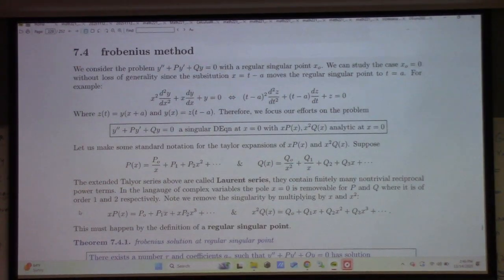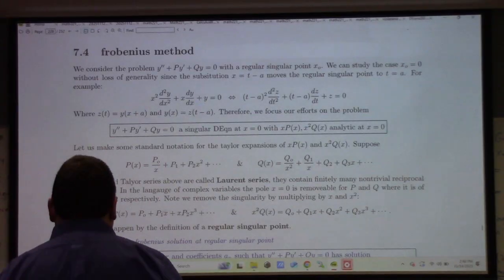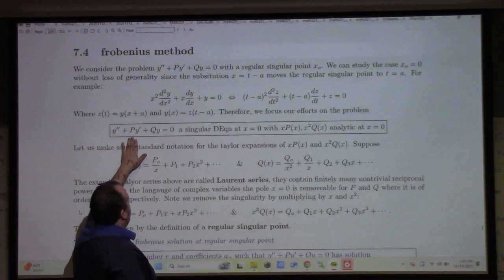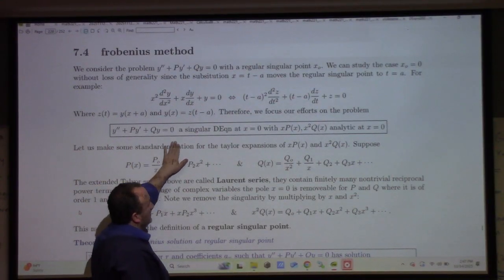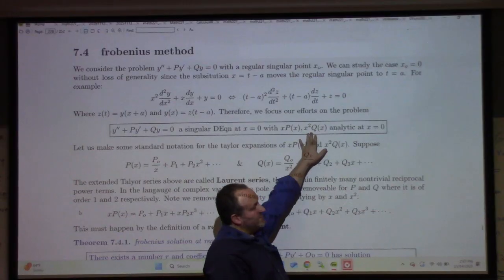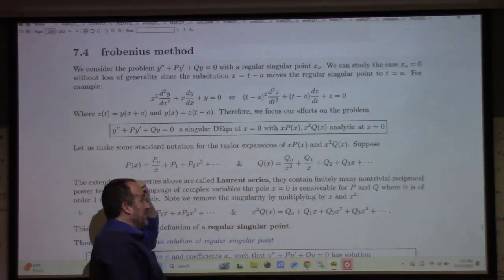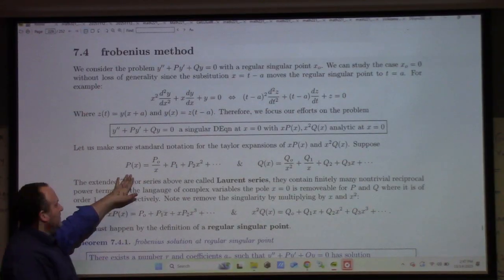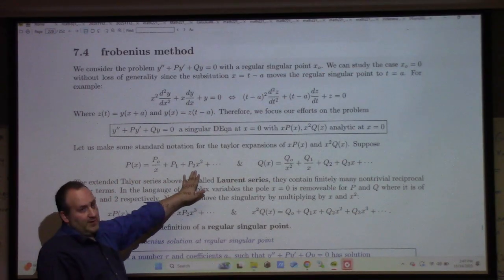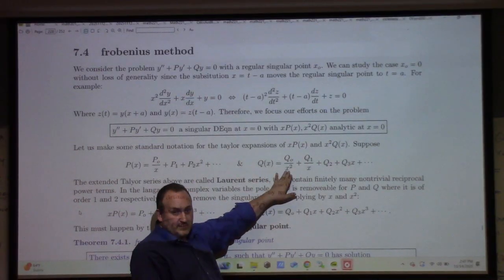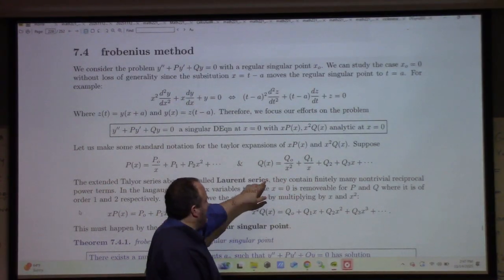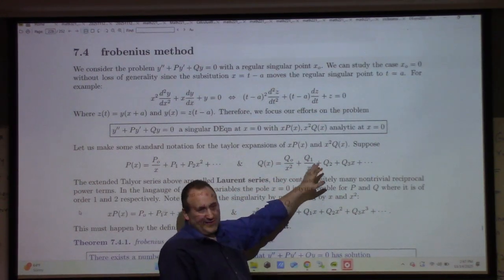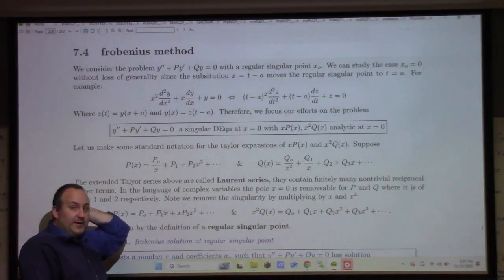We're given y double prime plus p y prime plus q y equal to 0, with x squared p of x and x squared q of x analytic at x equal to 0. What that means is that you could have written p of x like this, and you could have written q of x like this. And at least one of q naught, p naught, or q1 has to be non-zero for it to be actually a singular point.